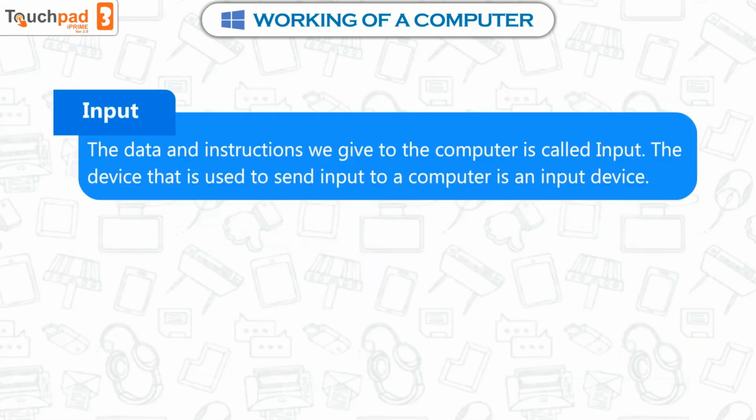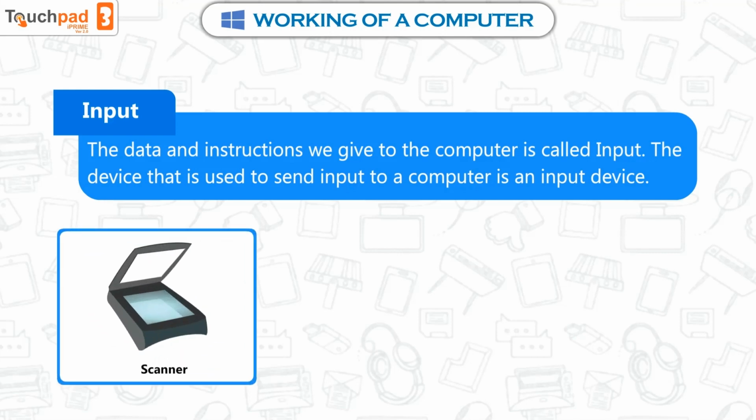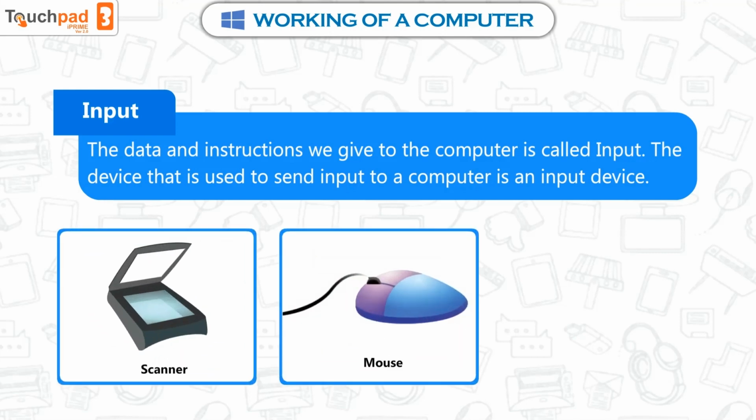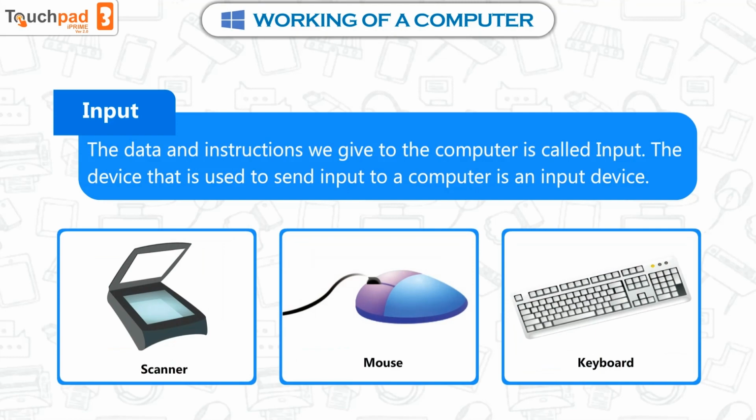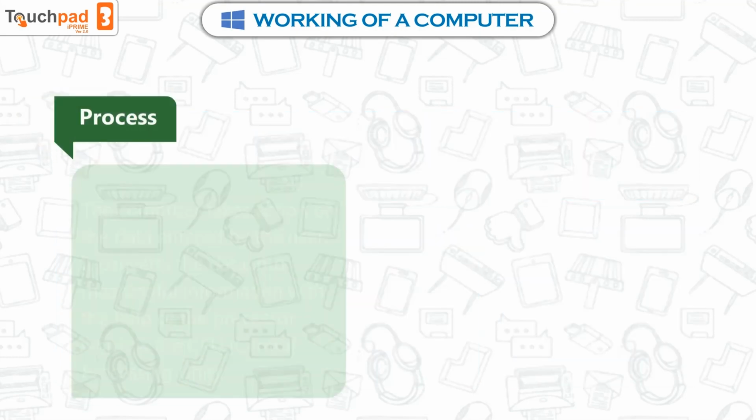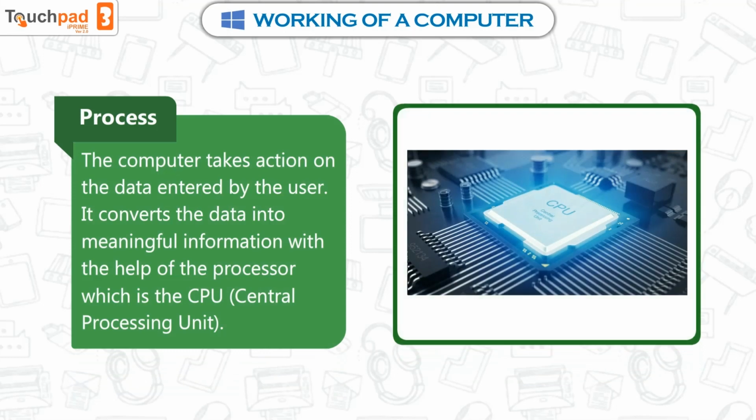Input. The data and instructions we give to the computer is called input. The device that is used to send input to a computer is an input device. Process. The computer takes action on the data entered by the user. It converts the data into meaningful information with the help of the processor, which is the CPU, Central Processing Unit.